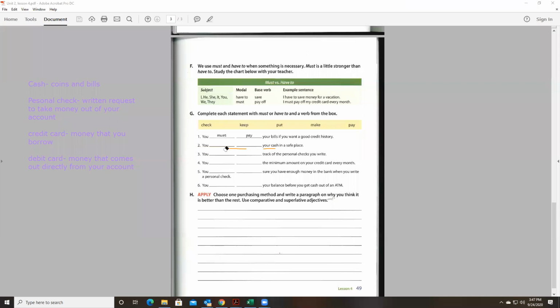Okay, the difference: must is a little stronger than have to. So when you use the word must, you're putting more importance on that particular thing. Like you must do it.